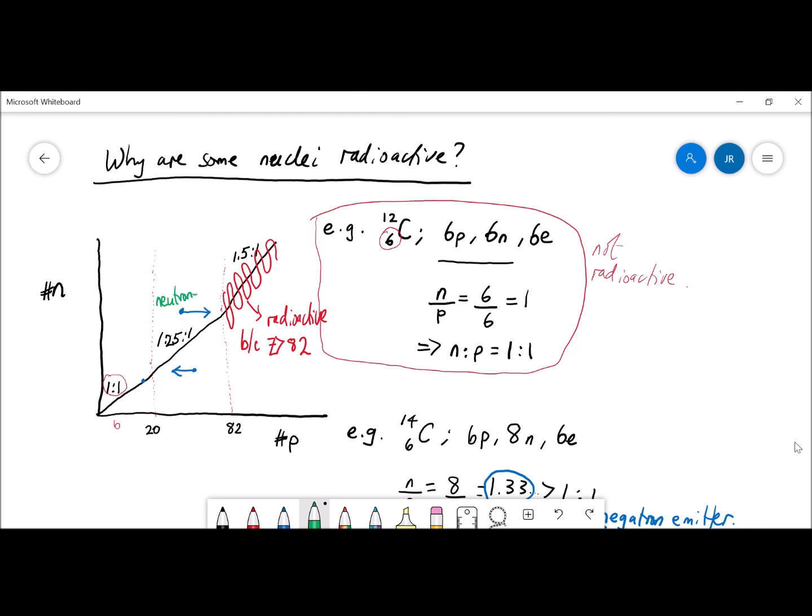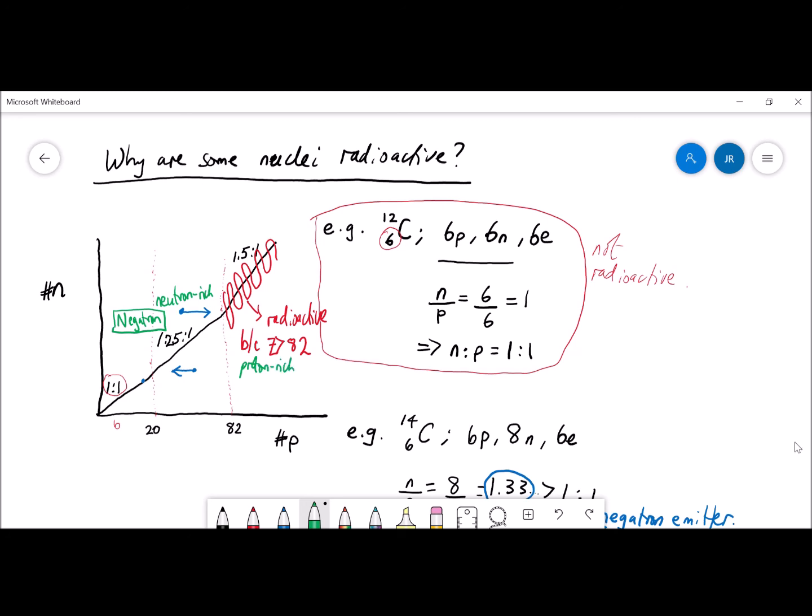Neutron rich, you are a negatron emitter. Conversely, if you're over this side of the black line, you are proton rich.